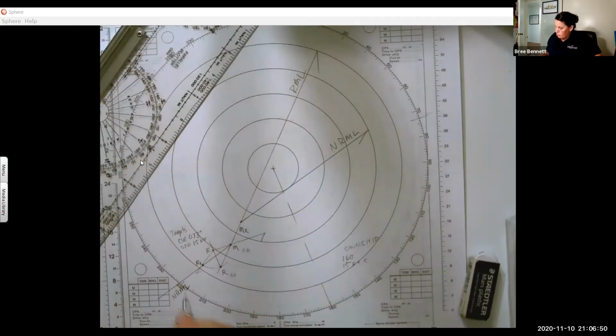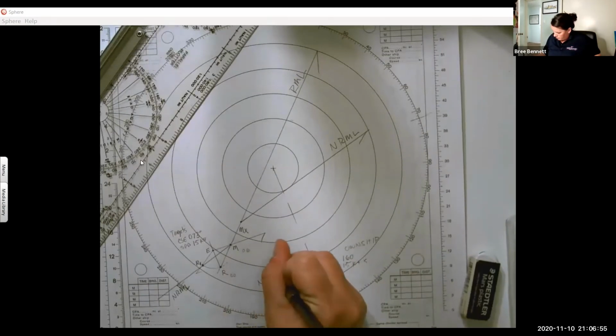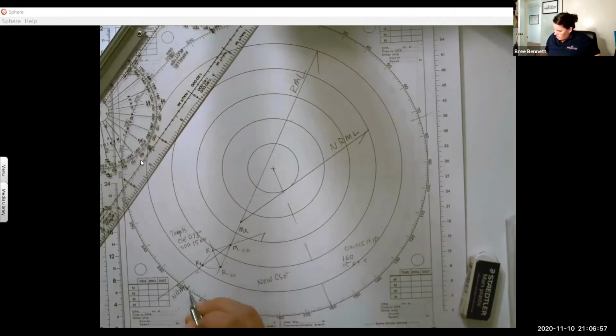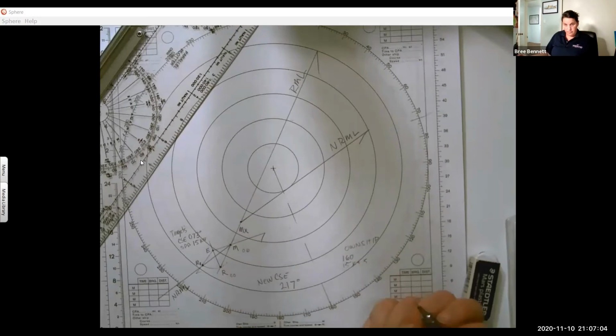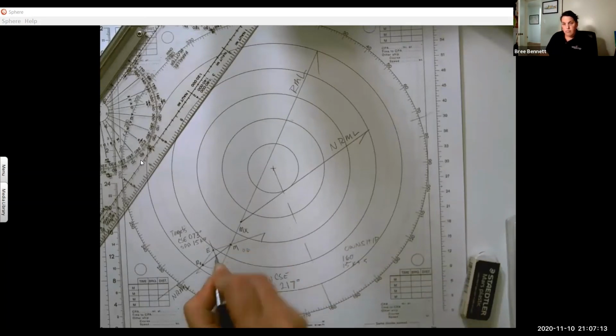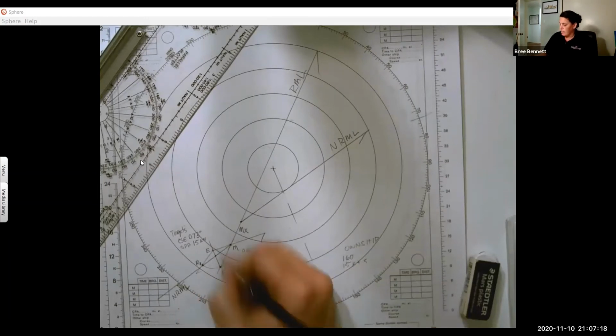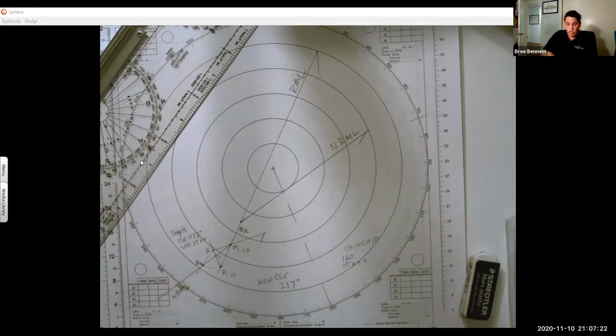And I get a new course of 217 degrees. If I wanted to change my speed, my R would maintain on my heading or on my course line, but my R prime would be a lot shorter.